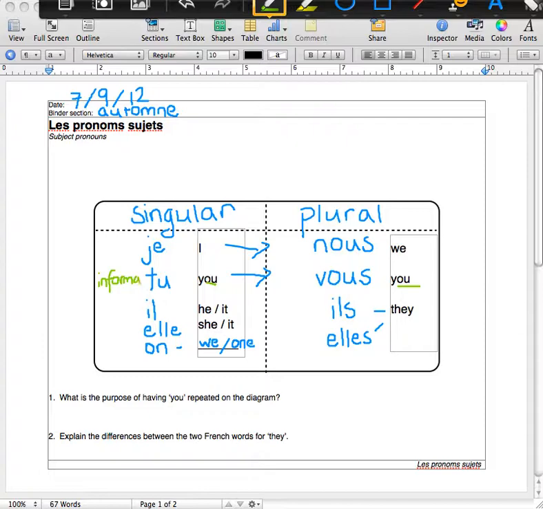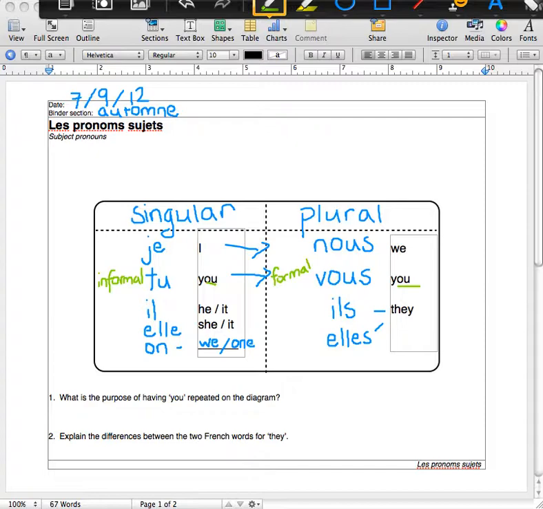Informal means I know the person, we're friends, they're my age. I can use tu. But let's say I don't know the person, or let's say it's someone older than me, they deserve a little extra respect, then I'm going to actually use the formal with them, address them formally. So I'm going to say vous, even if it's just one person.